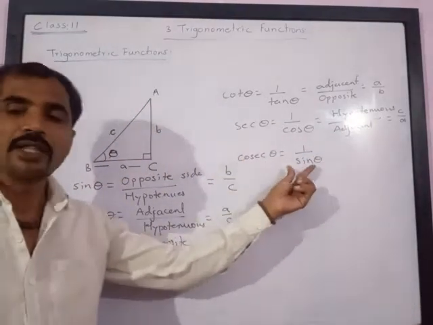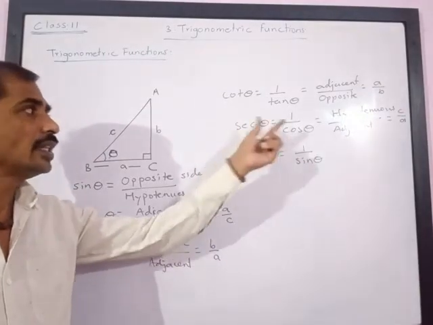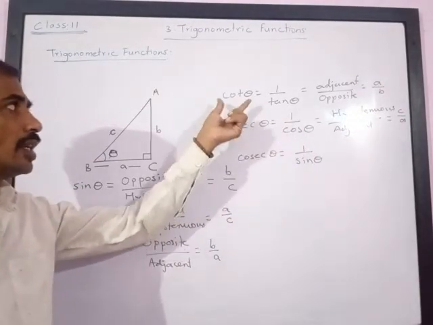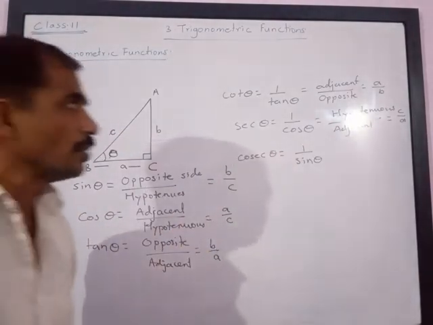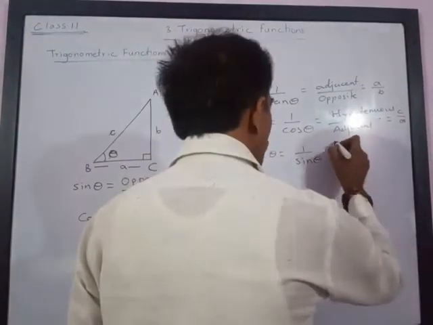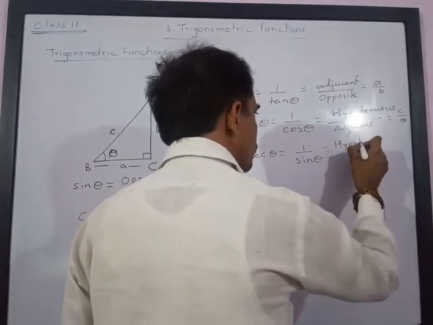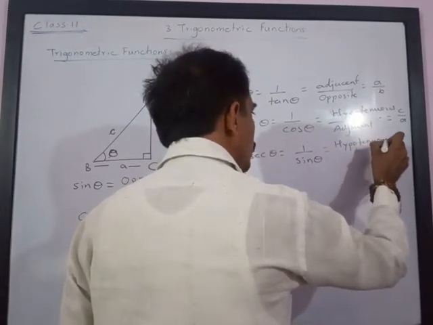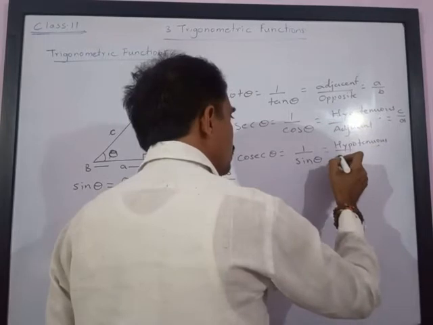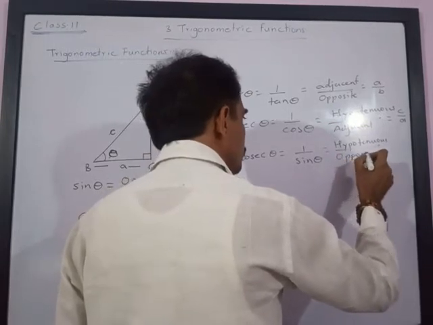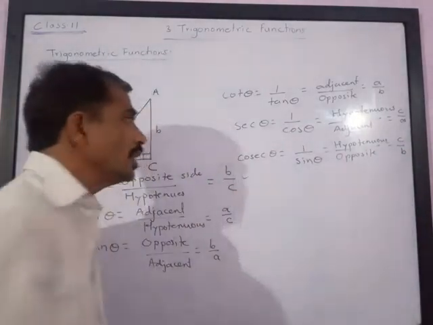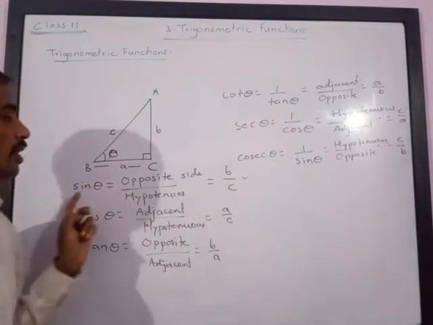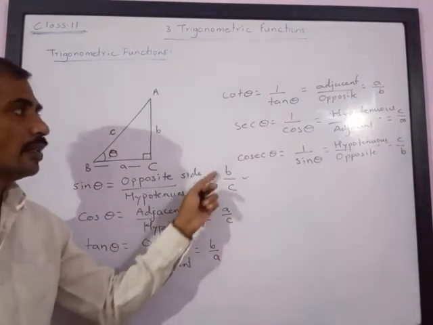Cosec theta and sin theta are reciprocals of each other. Sec theta and cos theta are reciprocals of each other. Cot theta and tan theta are reciprocals of each other, and vice versa. Cosec theta is equal to hypotenuse upon opposite side, that is equal to c upon b. This is what you have already studied; we are just trying to revise.